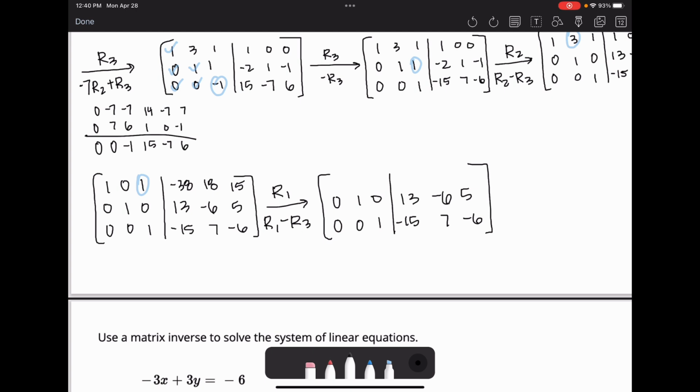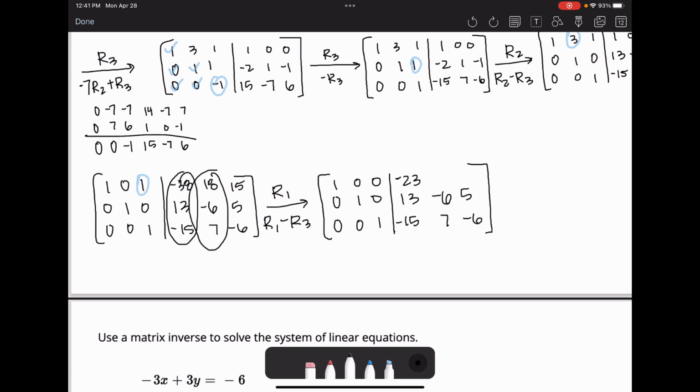And this is going to be 1, 0, 0. Yay, that's what we wanted. So now all we need to do is figure out what the top row is. So -38 minus -15 is -23. Ooh, okay, I guess that circle's staying there. -23.